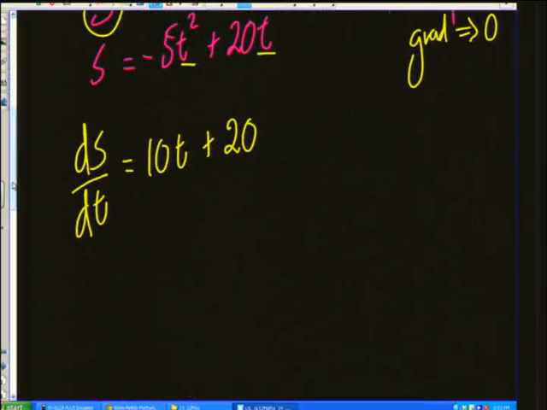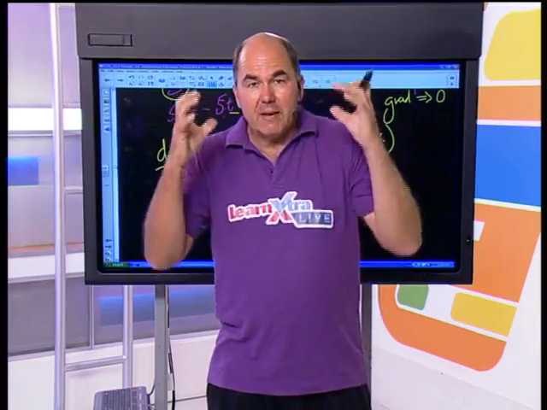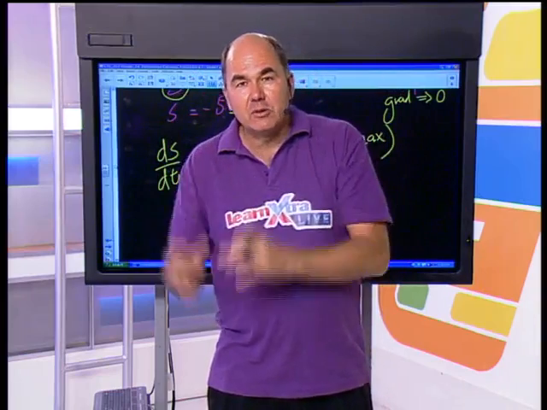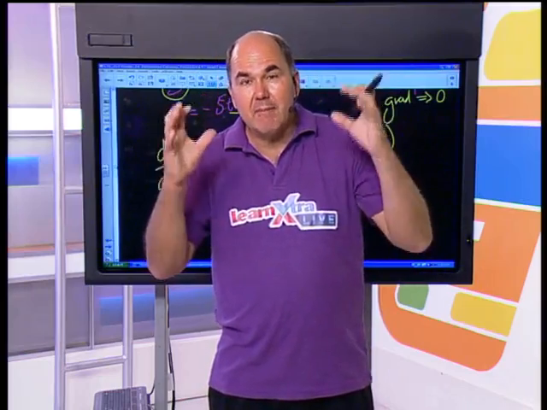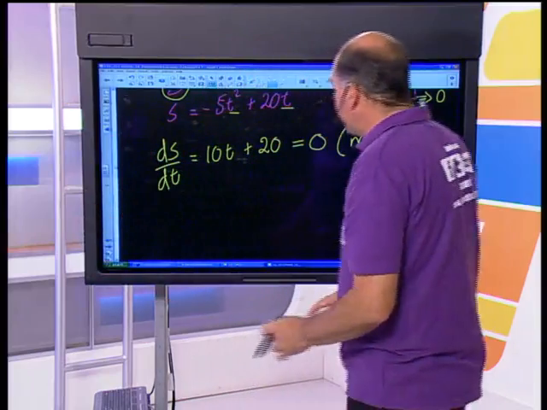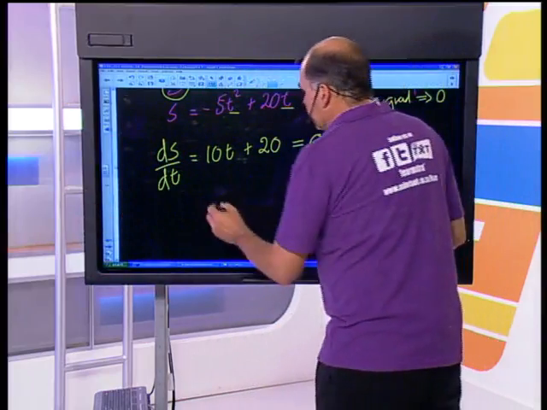This is a maths problem, because we want the derivative function to be equal to 0, because we want it to be a maximum. So get it into your head. When the function's a maximum, the derivative is equal to 0. Very important. So now we're just going to solve for it.